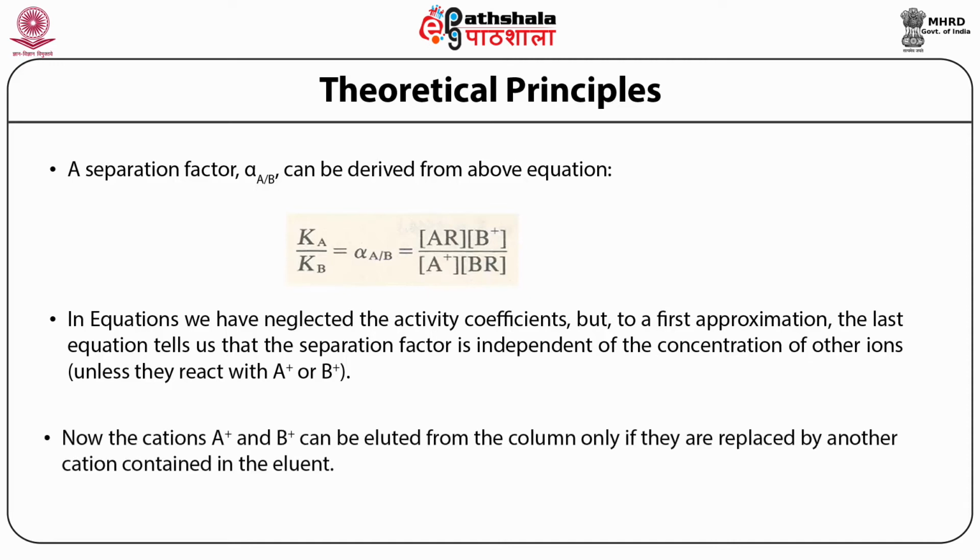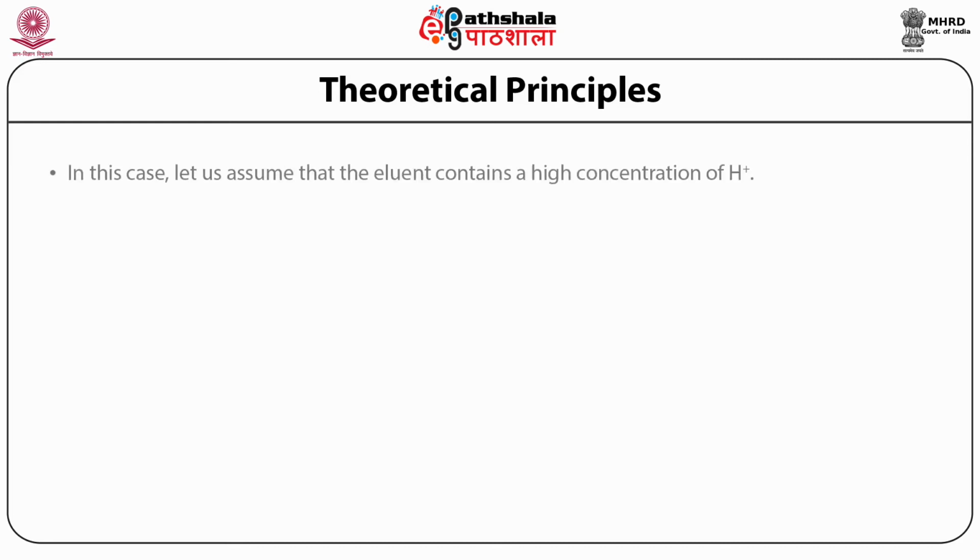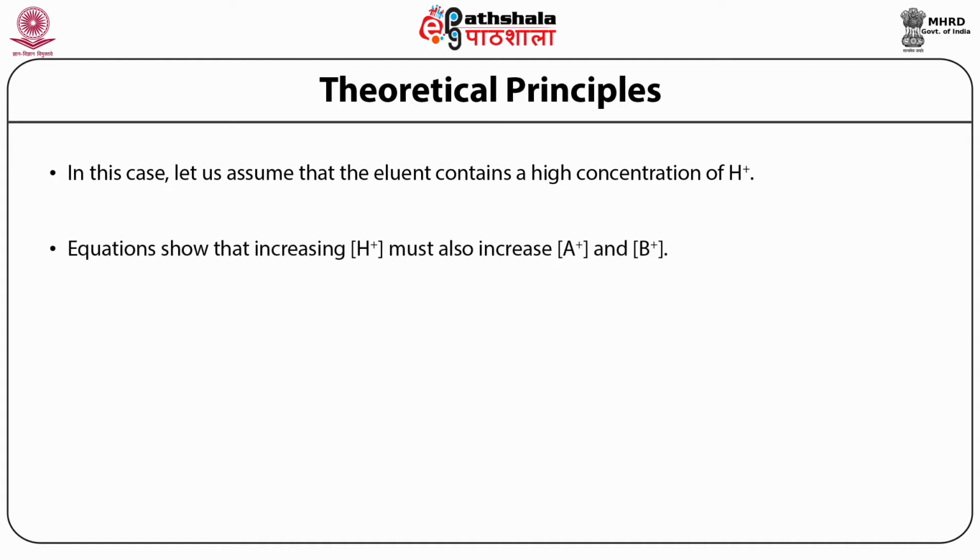Now the cations A plus and B plus can be eluted from the column only if they are replaced by another cation contained in the eluent. Let us assume that the eluent contains a high concentration of H plus. The equations show that increasing H plus must also increase A plus and B plus.